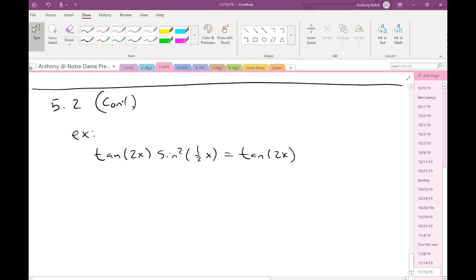Let's say we want to solve tan 2x times sine squared half x equals tan 2x on the interval from 0 to 2 pi.